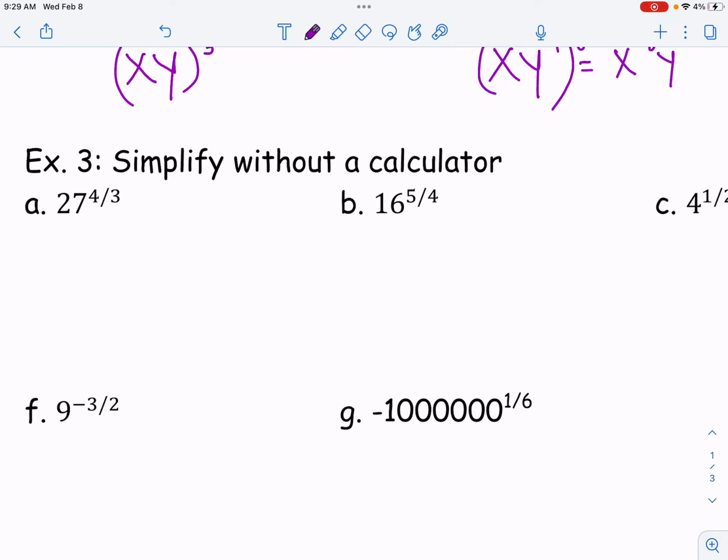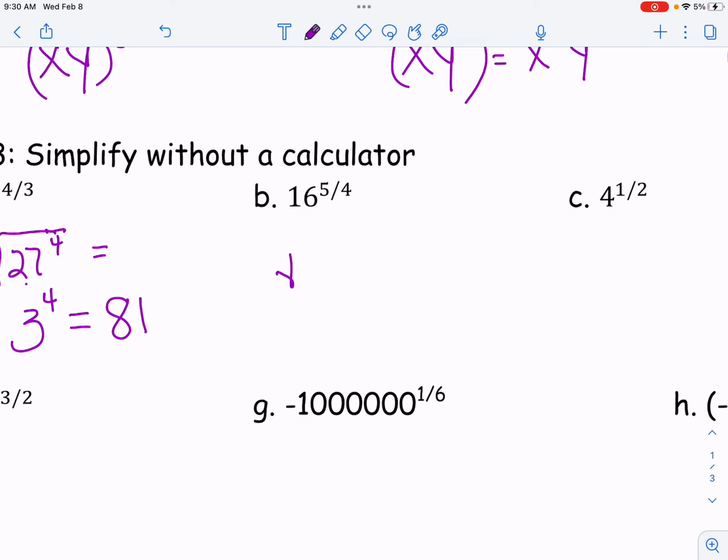But if I change it to radical form, it means the cube root of 27 raised to the 4th power. I don't want to raise it to the 4th power first because I'm going to get a really big number. So I take the cube root of 27, which is 3, and then raise that to the 4th power. 3 to the 4th power is 81.